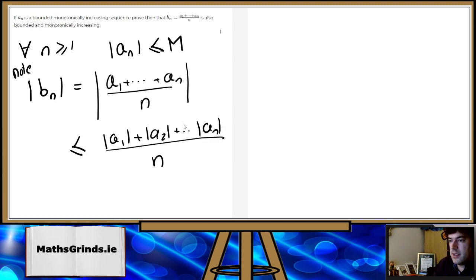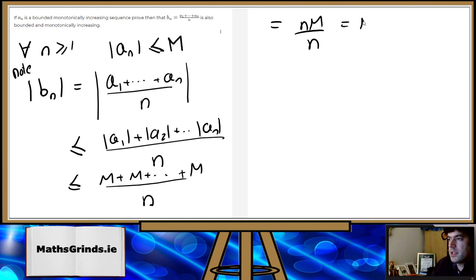But each of these guys is less than or equal to m. And that will equal n times m over n, which is equal to m. So therefore, bn is also bounded. n is a natural number, of course.